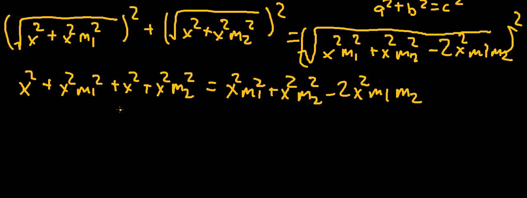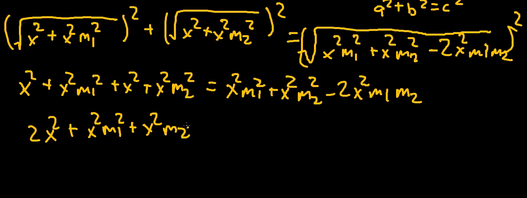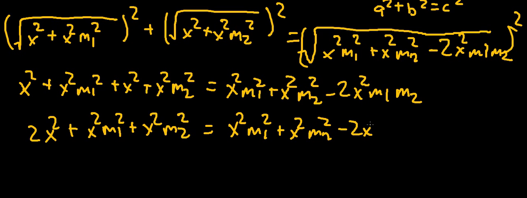So now let's put our like terms together, so we get 2x squared plus x squared m1 squared plus x squared m2 squared is equal to x squared m1 squared plus x squared m2 squared minus 2x squared m1 m2.